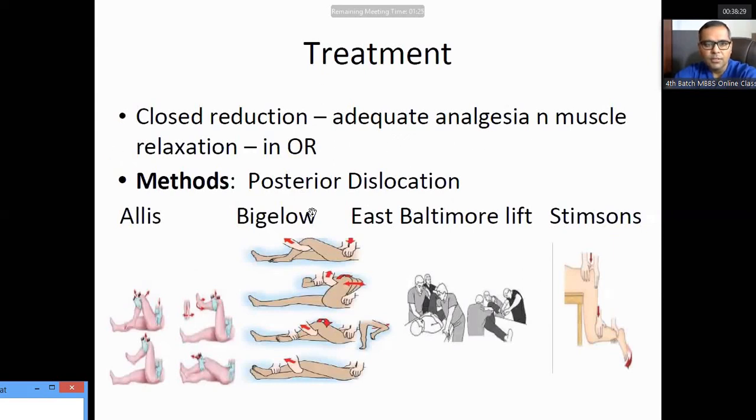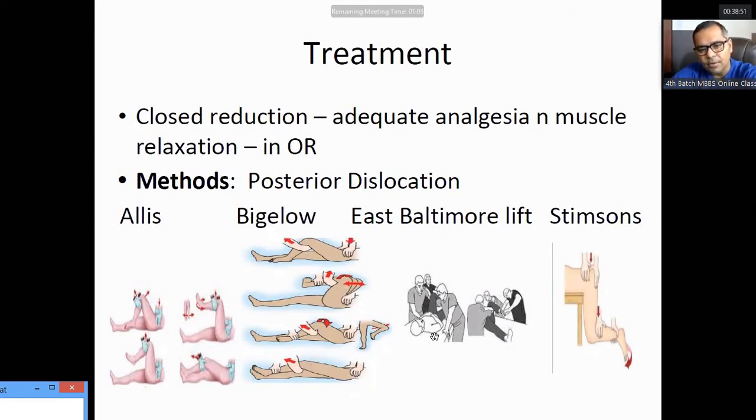Treatment, closed reduction. This is usually done in operation theater, as it needs adequate relaxation as well as analgesia. Different methods are there. Allis, when there is axial traction and flexion, rotatory movement, and Bigelow traction, adduction, internal rotation.